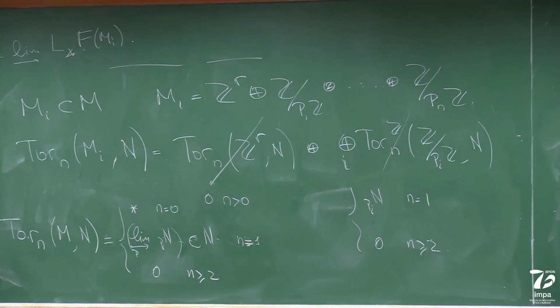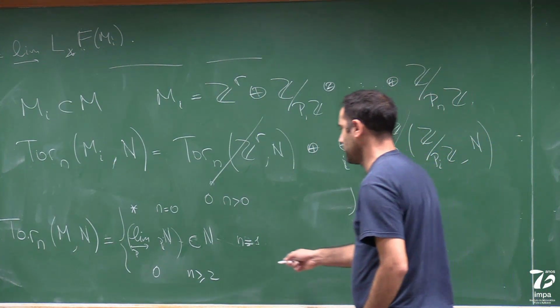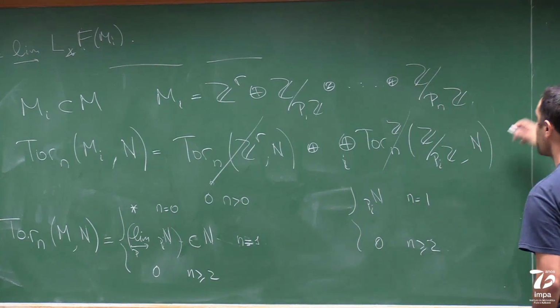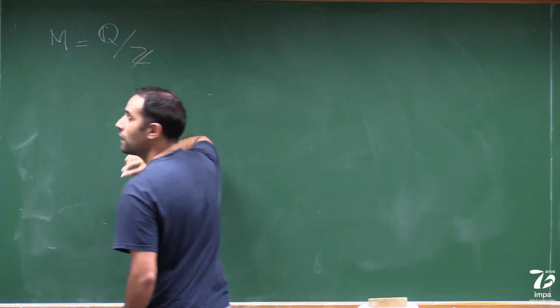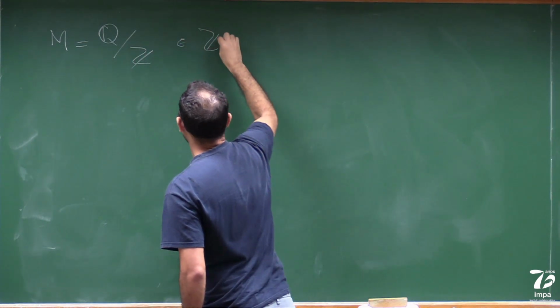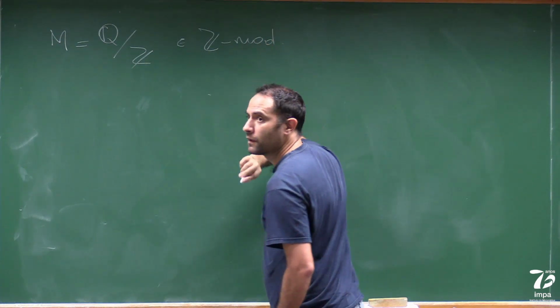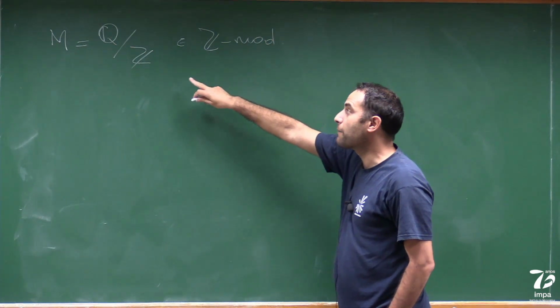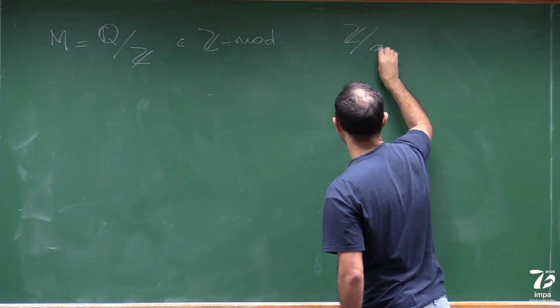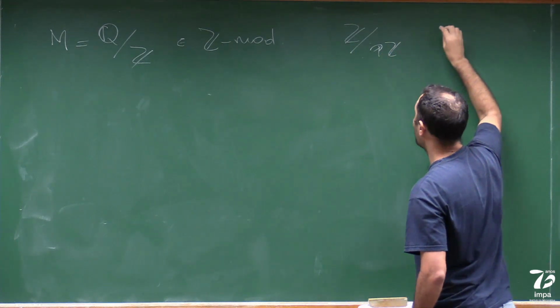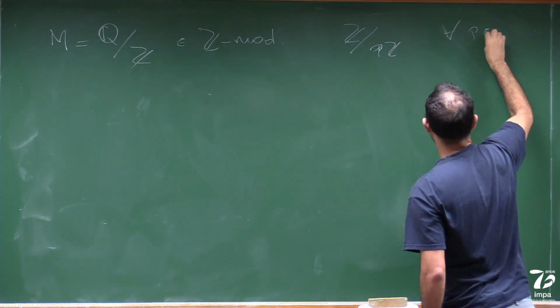Sorry, I'm taking a particular M here, so that was false. I'm using here M, where I've chosen M to be Q/Z as a Z-module. So the finitely generated subgroups of M are of the form Z/pZ for all p prime.